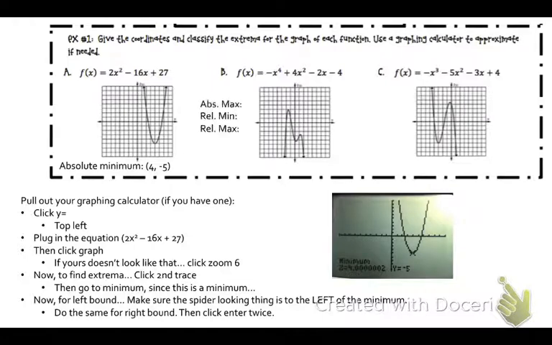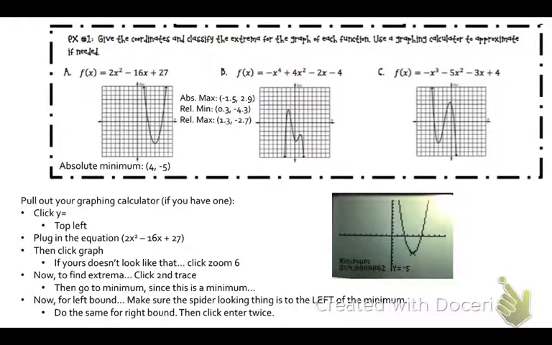Okay? We can do the same with B, and I want you to plug those into your calculator, see if you can get those. So the absolute maximum is -1.5 and 2.9. The relative minimum, which is that middle one, is 0.3 and -4.3. Then the relative maximum is 1.3 and -2.7.